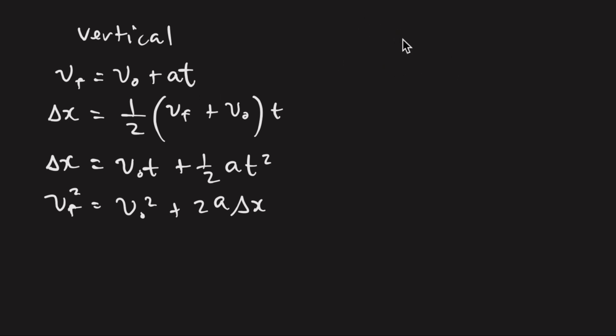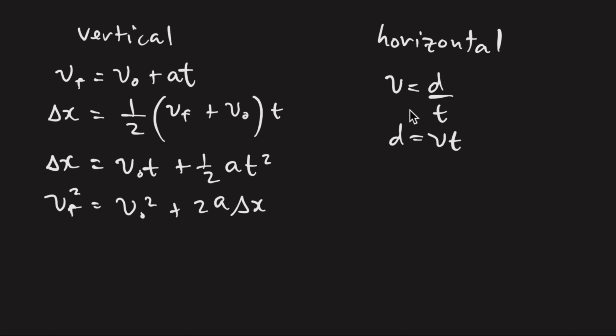If we are dealing with horizontal motion, the component that has zero acceleration and constant velocity, we can use the equation V is equal to d over t, or d is equal to V times time. We use these equations to solve problems involving projectile motion.